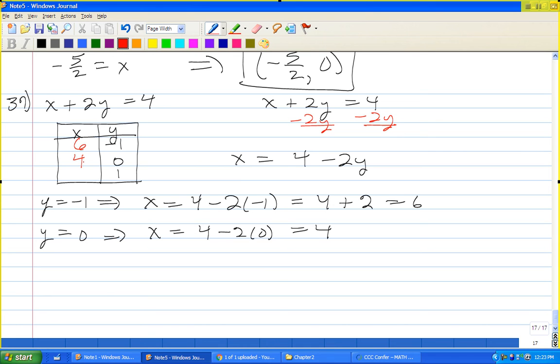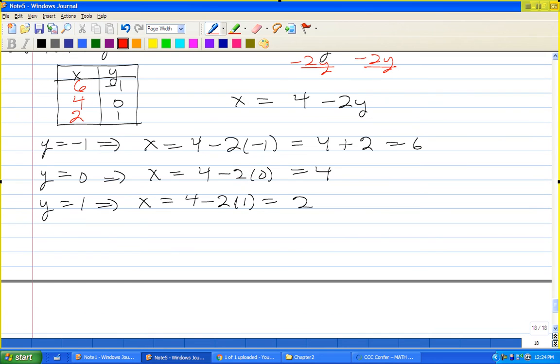So x is 4. Let's determine what happens when y is 1. So x is equal to 4 minus 2 times 1. 2 times 1 is 2, so 4 minus 2 is 2. So x is 2.